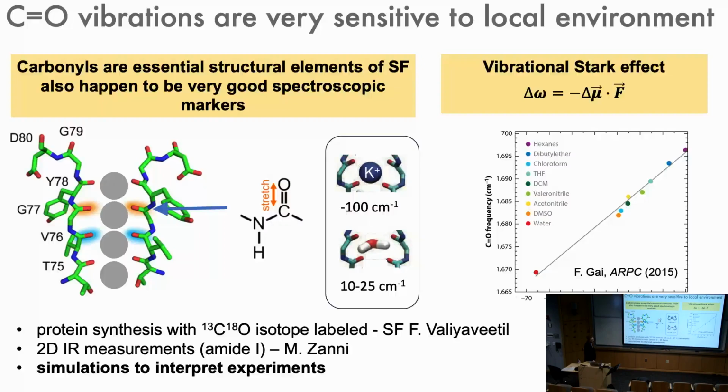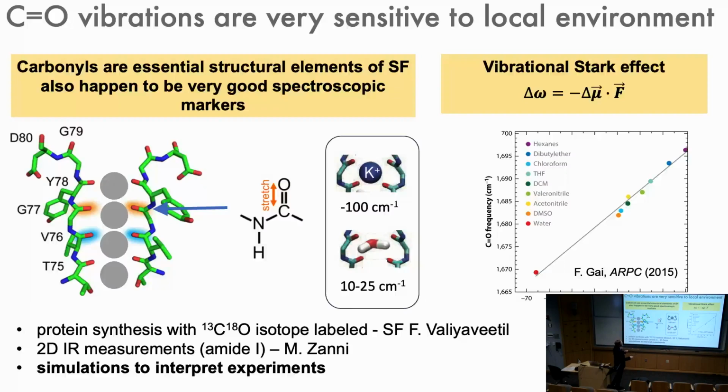The approach that we took with my colleagues is the following. As I mentioned already, the interior of the selectivity filter is composed of these carbonyls that point inside. And in the vibrational spectroscopy community, carbonyls are known as very good markers of the local structure. What I mean by this is the following. This is a very famous plot showing the CO stretching frequency, the carbonyl stretching frequency, as a function of electric field.